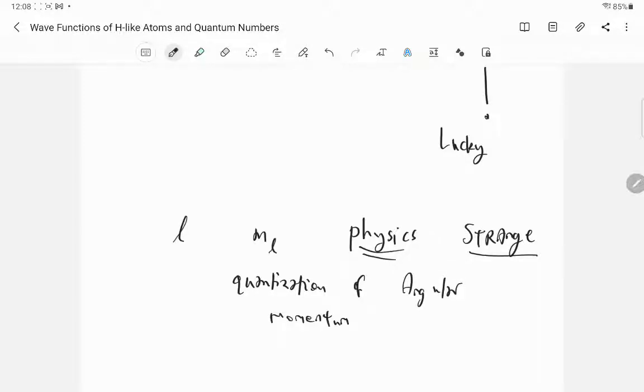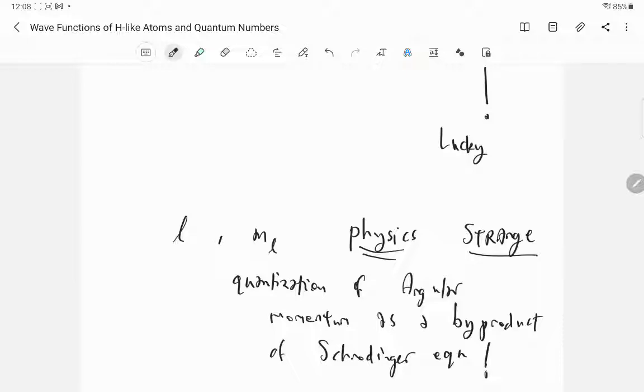But instead of it being a hypothesis, which it was for Bohr, we get quantization of angular momentum as a byproduct of the Schrodinger equation. That is, the Schrodinger equation predicts that angular momentum is quantized.